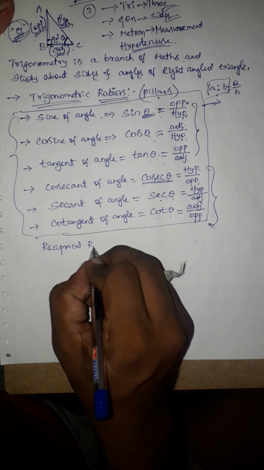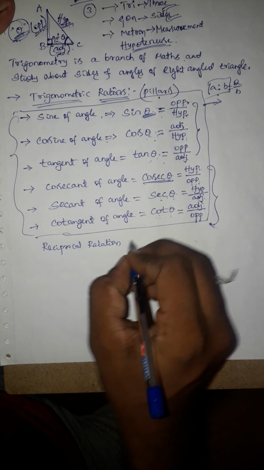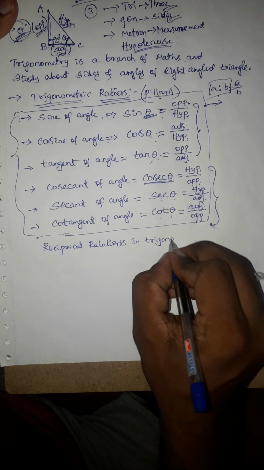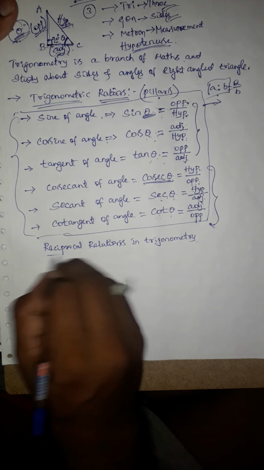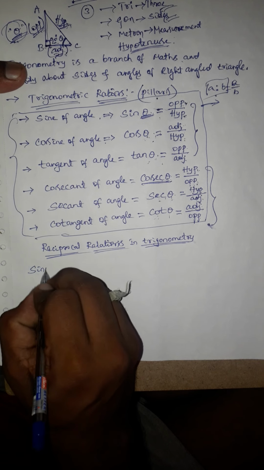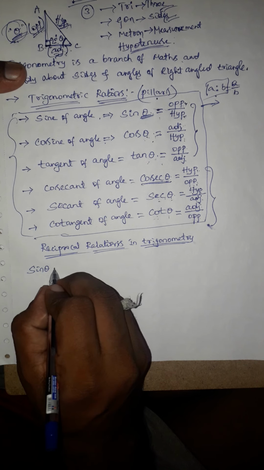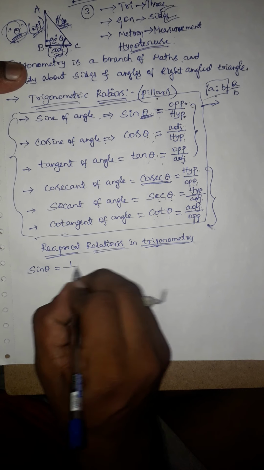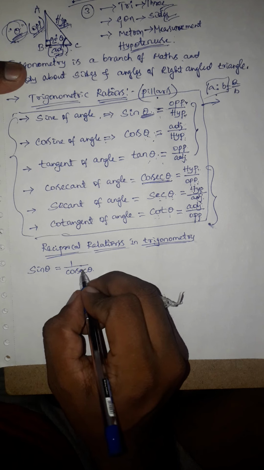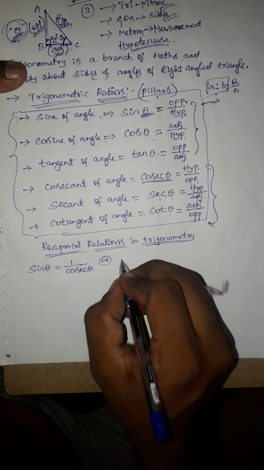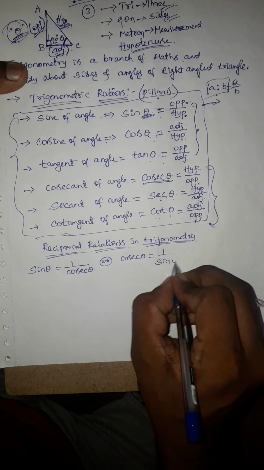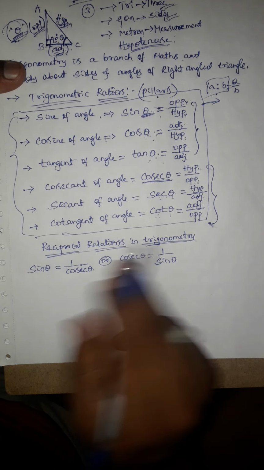Reciprocal relations in trigonometry. First one is sin theta, which is the reciprocal of cosecant theta. Reciprocal means 1 over. Or cosecant theta is the reciprocal of sin theta. So both are vice versa.